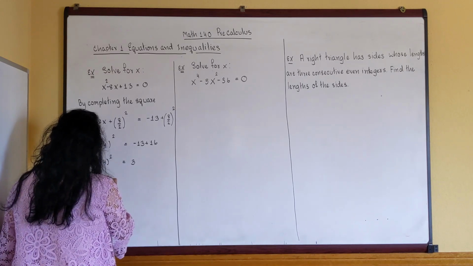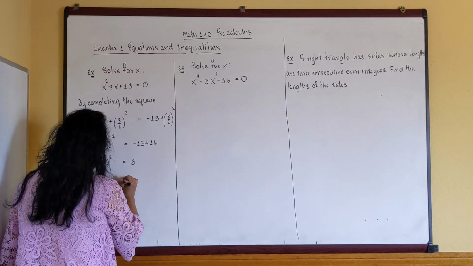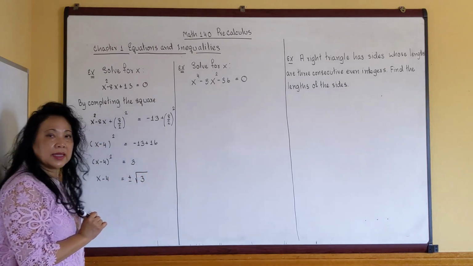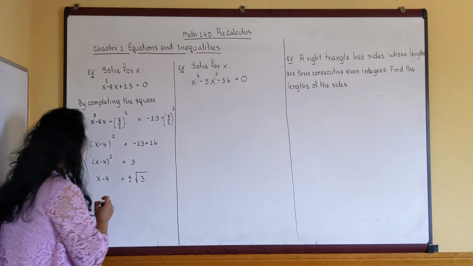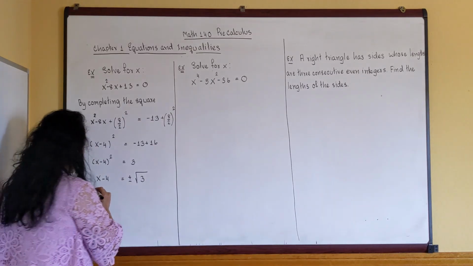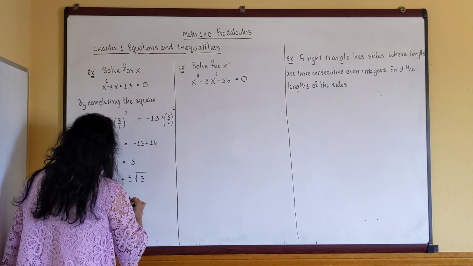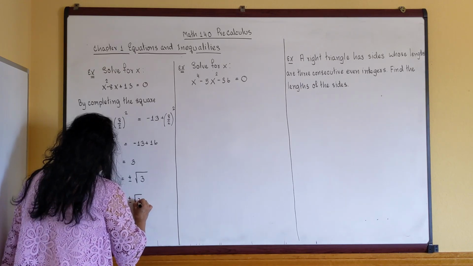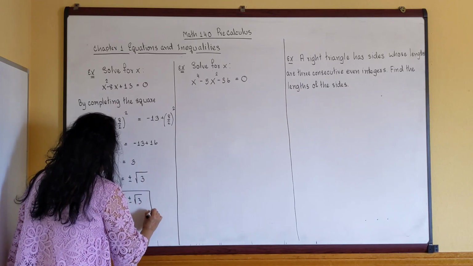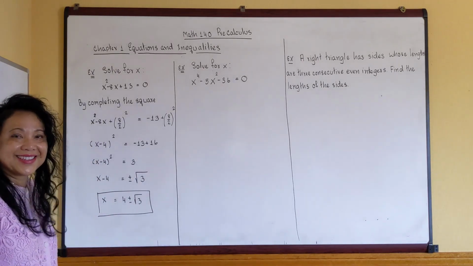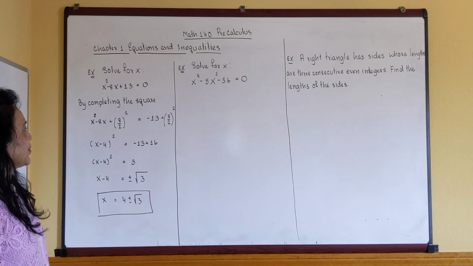I'm going to have x minus 4 equals plus or minus the square root of 3. Then I add 4 to both sides. So x would be 4 plus or minus the square root of 3. Obviously, if you try to factor, you probably cannot. So let's look at the next one.